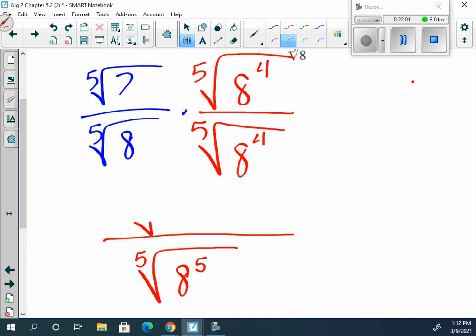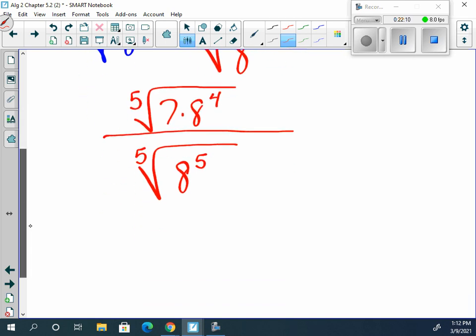In the numerator, we'd have the 5th root of 7 times 8 to the 4th. Well, these would simplify to, not 2, but we would have 8, yes? Wait a minute.